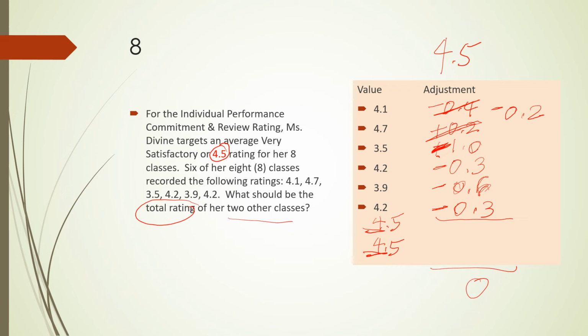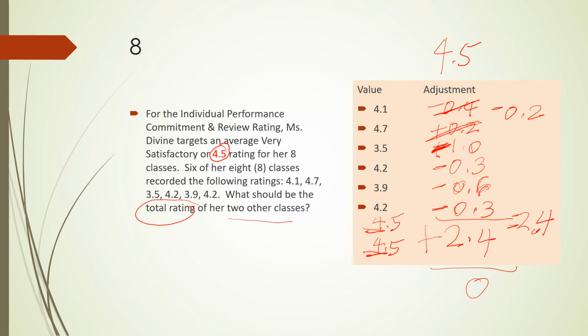Okay, and then adding up everything to 5, 11, 14. Okay, carry 1, so that's a negative 2.4. Okay, so we need to add up in here plus 2.4.